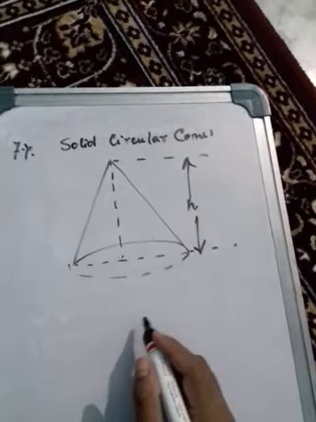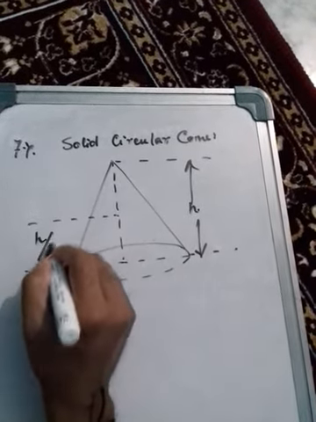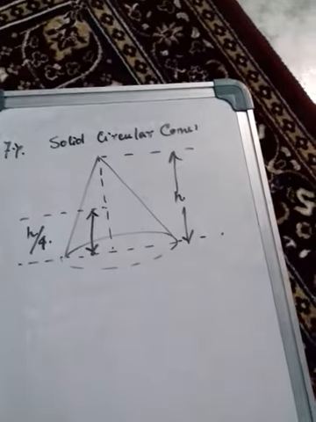CG will be located at a distance of h by 4.